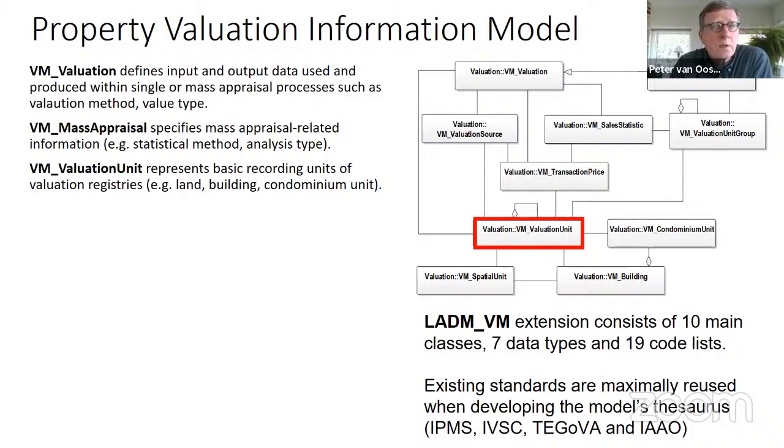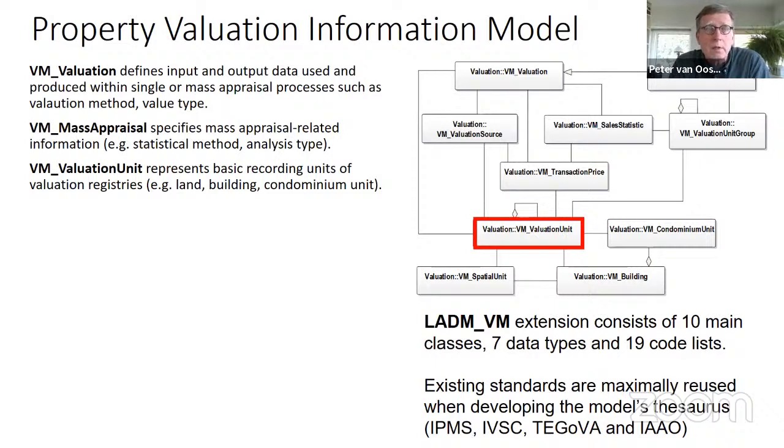Valuation unit in Dutch is bosobject. Van de wet onroerende zaken, the law on the immovable property, bosobject or valuation unit. For example, it can be mapped one-to-one to spatial units when it's about normal ownership.